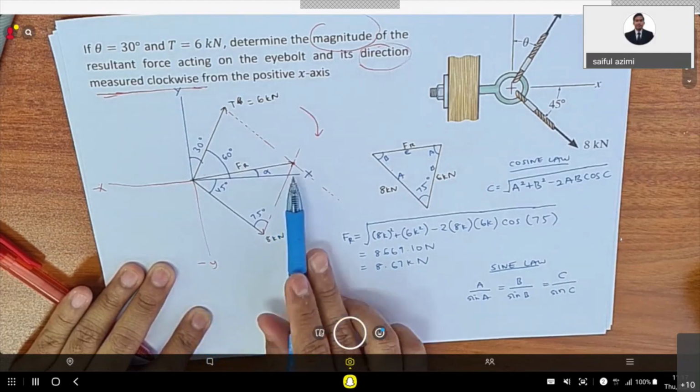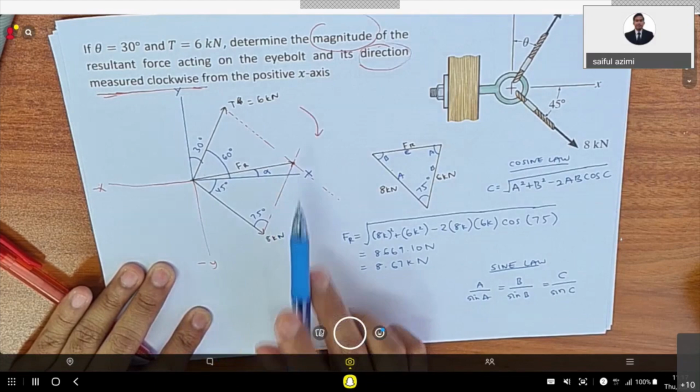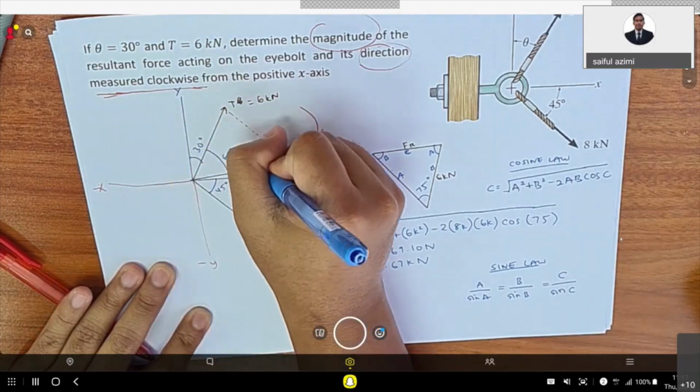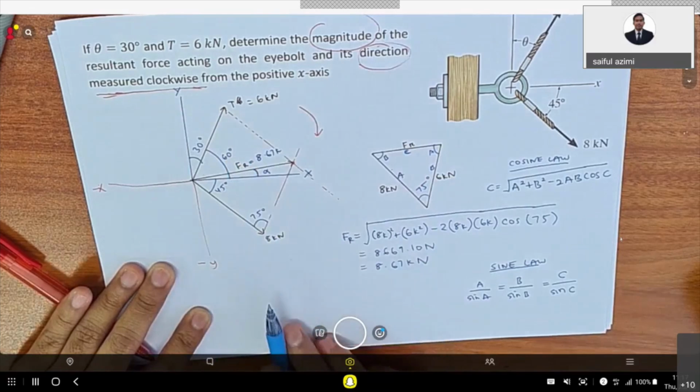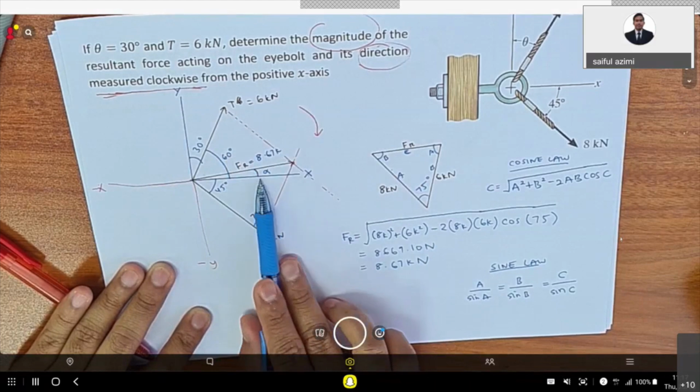You already got your resultant force here: FR equals 8.67 kilonewton. And then you want to find the angle alpha.